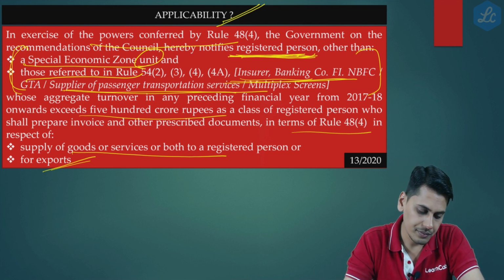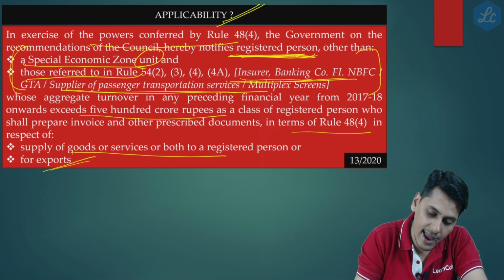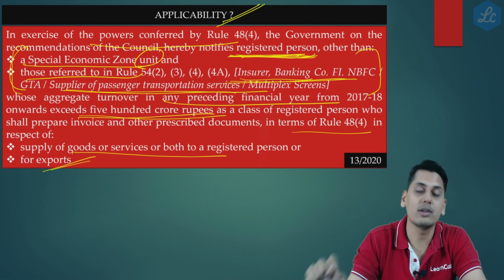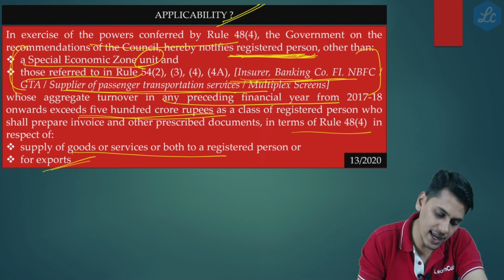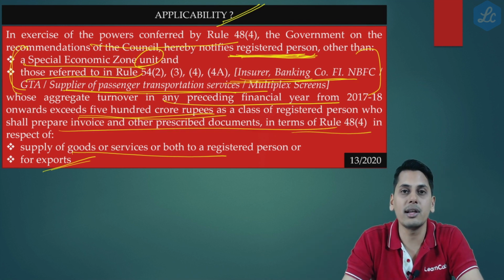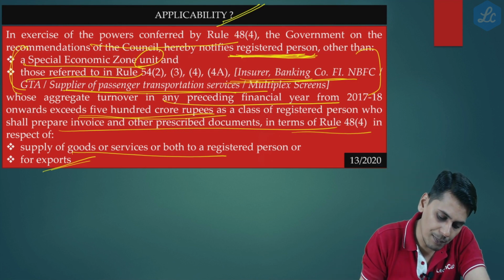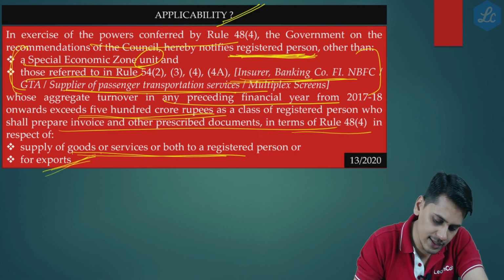And friends, registered persons other than these, whose aggregate turnover in any preceding financial year from 2017-18 onwards exceeds 500 crore rupees, shall be those class of registered persons who shall prepare invoice in terms of 48 sub rule 4. For all the supplies? The answer is no. For supply of goods or services or both to a registered person or in case of exports.